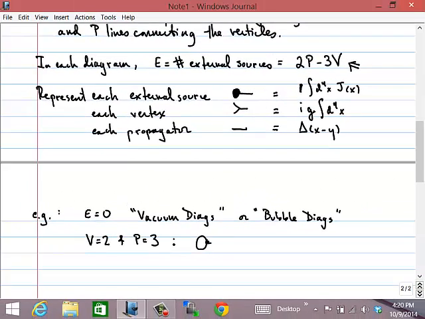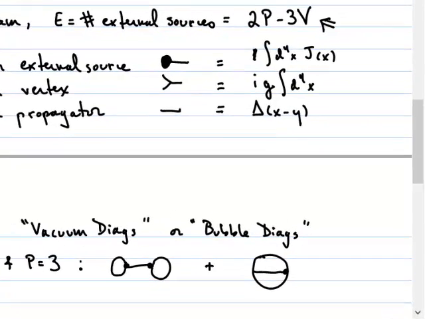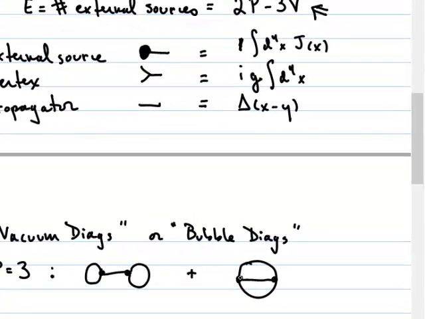If you think about it, you'll see that if you have two vertices and 3 propagators, then there are precisely 2 different ways that you can construct a diagram from this. And I've drawn the 2 diagrams here.